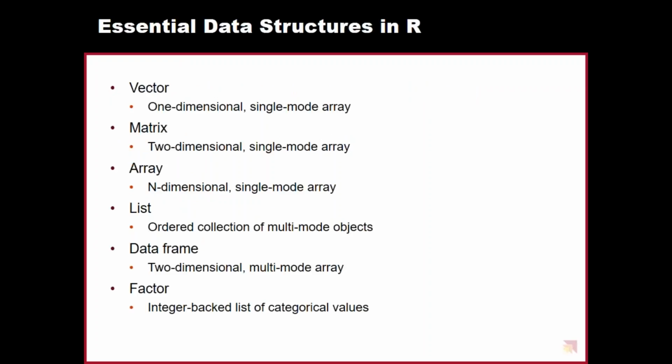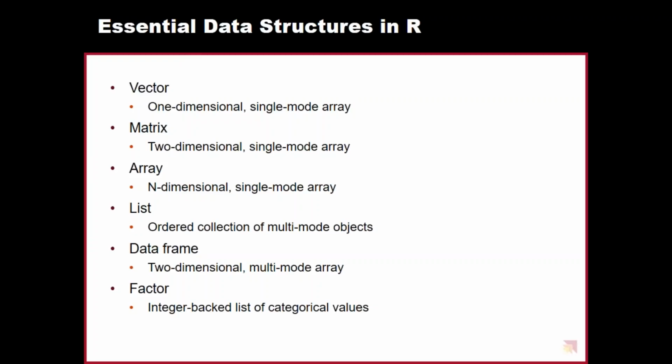Now, there are a couple of essential data structures that you have to know about when you work with R. We're going to start with them in RStudio, and it's very important that you know all of these before you start trying to take your R efforts into Power BI. First of all, there's a vector, which is just an array.